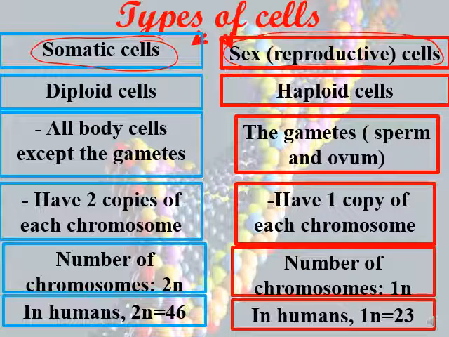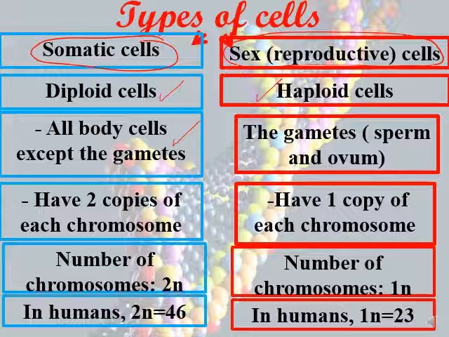Somatic cells, they are diploid cells, whereas the sex cells, they are haploid. This is the first difference. Second, somatic cells, all the body cells, they are somatic, except for the gametes. The gametes are not somatic. So all the body cells, skin cells, muscle cells, and so on, all of them, they are somatic.